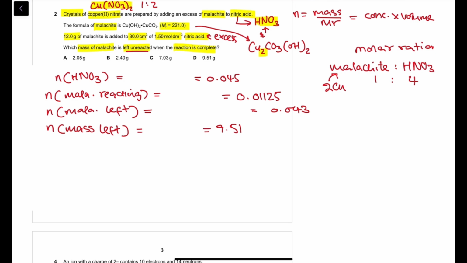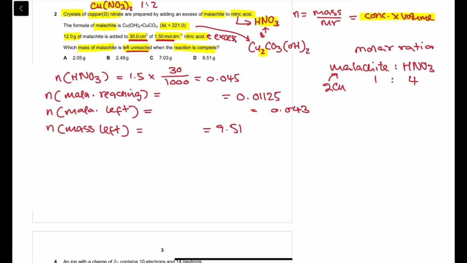So the first thing we're going to do is calculate the number of moles of nitric acid. We're given 30 cm³ of 1.5 moles per dm³, and the number of moles is equal to the concentration times the volume. So we're just going to do 1.5 times 30 over 1,000, because we want our units to be the same.